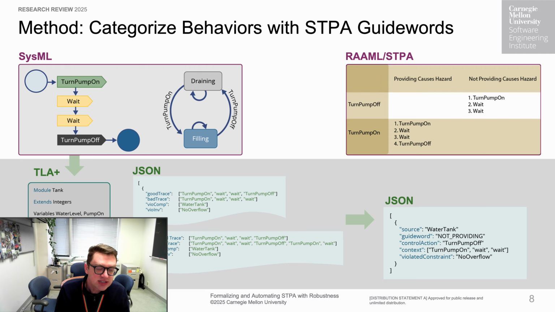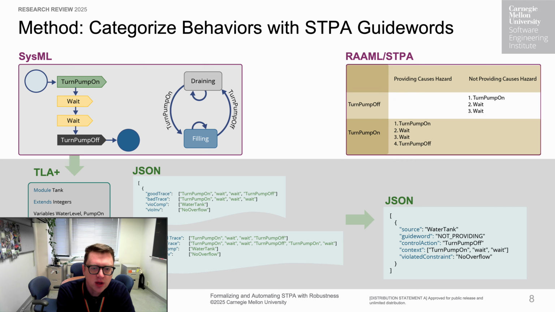The way we do this involves an algorithm that is similar to what is used in a spell checker, right? Where you have a misspelled word and a very, very similar correctly spelled word. Depending on whether you add an action, remove an action, transpose them, or substitute them, there are a number of edits, as they're called, to these traces, and we can determine the correct guide word to be associated with the unsafe control action.